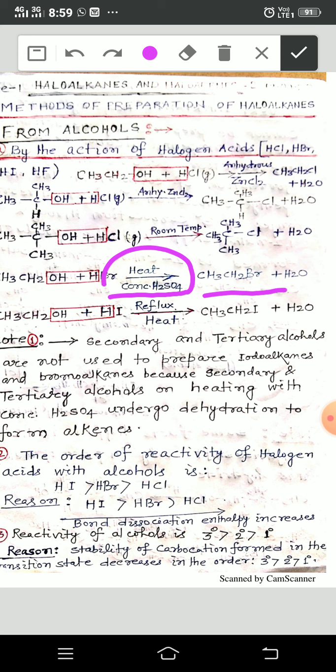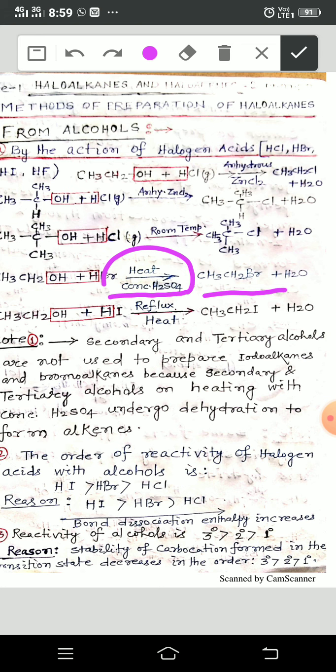So that's why in the case of secondary and tertiary alcohol, the formation of carbocation takes place very rapidly, and with the help of carbocation rearrangement, alkene forms.